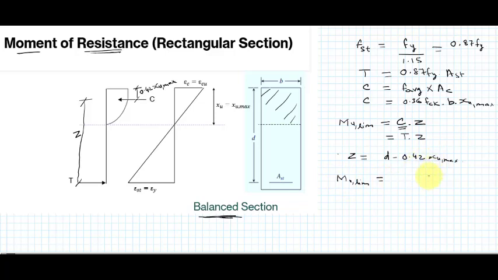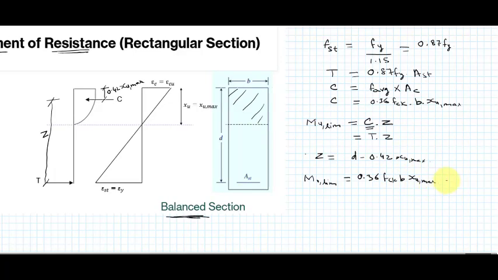So what will be Mu lim? Limiting moment of resistance, that is the moment of resistance for a balanced section. C is 0.36 fck b xu max into d minus 0.42 xu max.